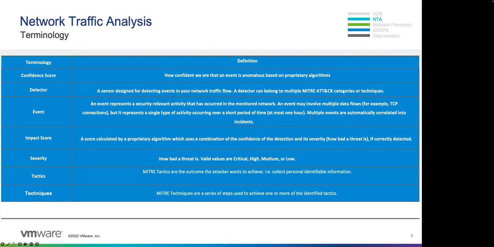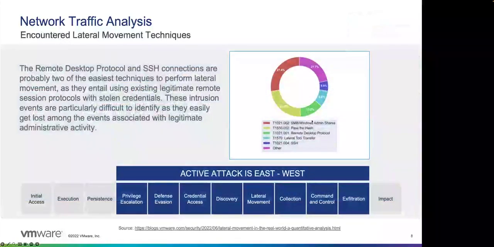Then we have our events, impact score, severity, and tactics. We rely on MITRE tactics and different techniques from the MITRE framework. So with NTA, we are looking for different lateral movement techniques. We talk a lot about remote desktop protocol and SSH.